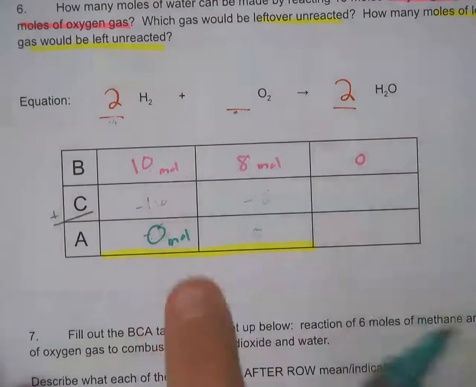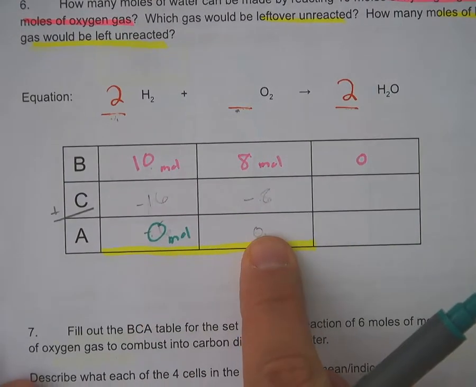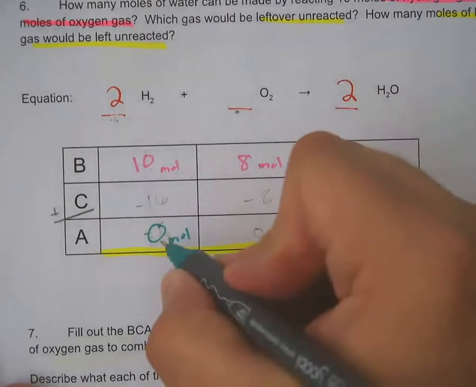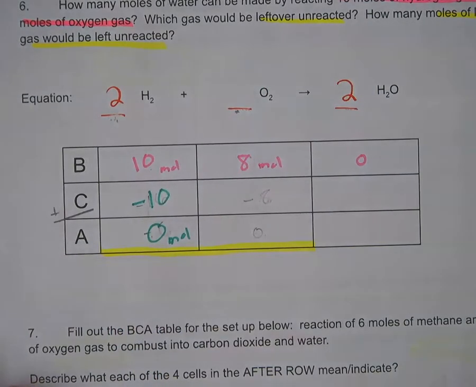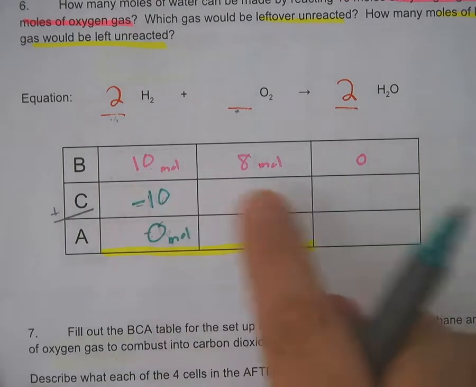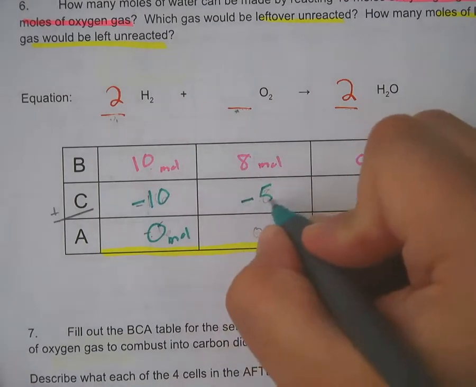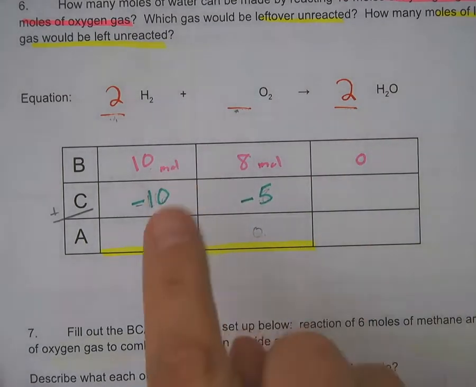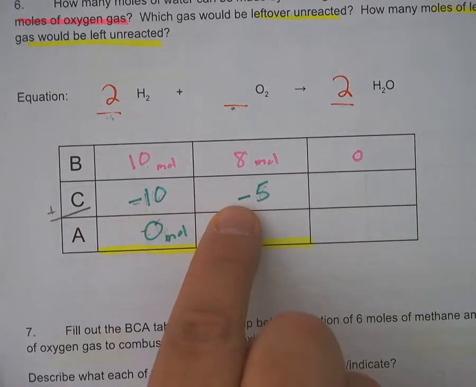So I'm just guessing that I'm going to run out, and hopefully this number will not be negative when we're done. So if I'm going to use up all the hydrogen, I will use all 10 moles. Again, I'm putting a -10 because I'm using all 10 moles. This change is going to be -5 because of a 2-to-1 ratio, a 10 and a 5. 10 is twice as big as 5.